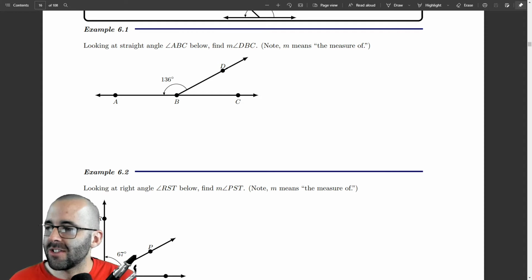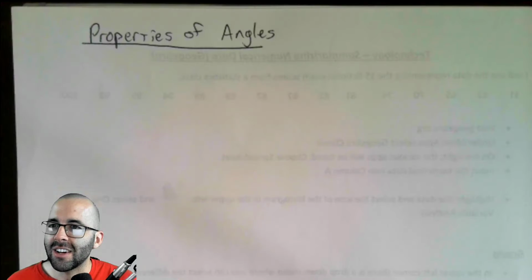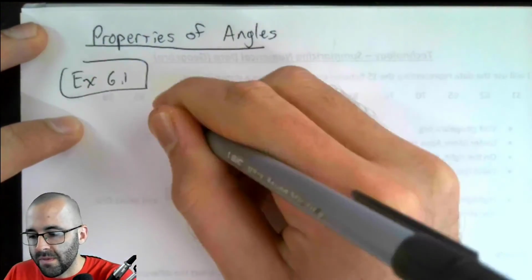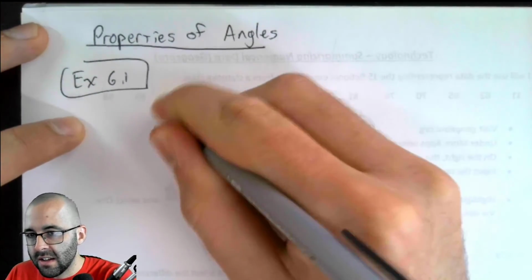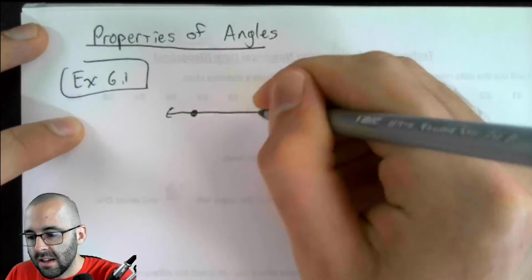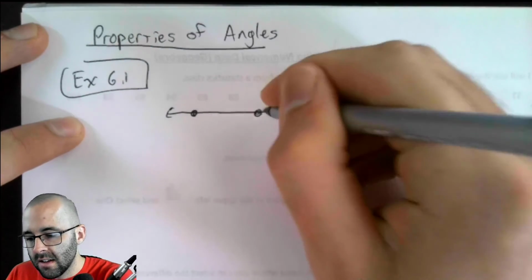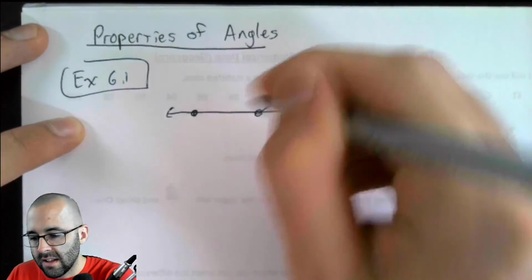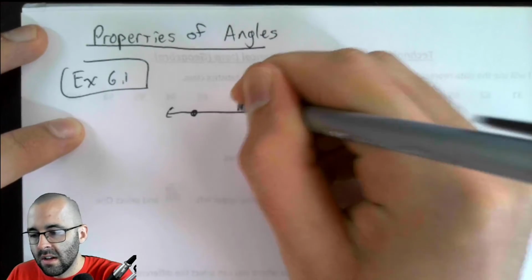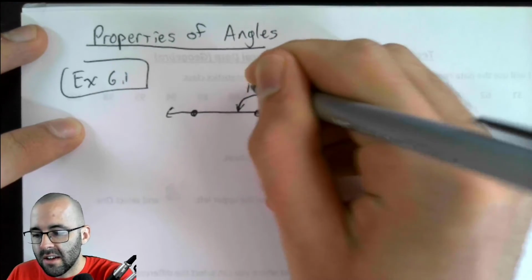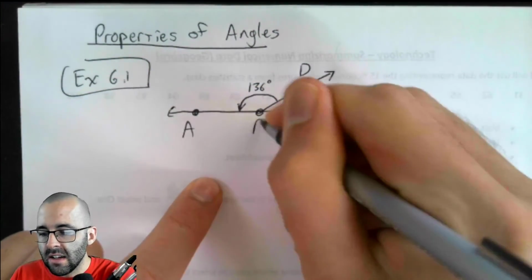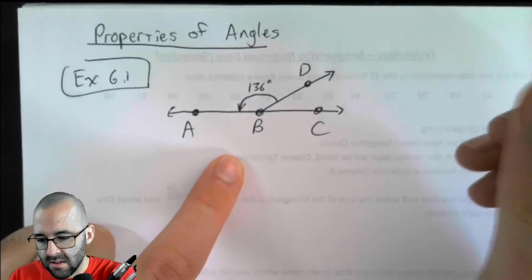So I'm going to copy this picture down onto my notes, and we're going to do example 6.1. So this is what we've got. We've got A, B, C, and then D is shooting up like this, and we know that this angle right here is 136 degrees. We also know that ABC is 180 degrees, right?